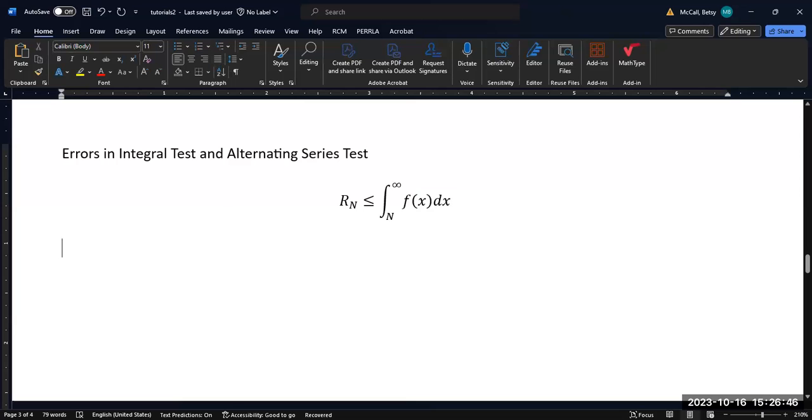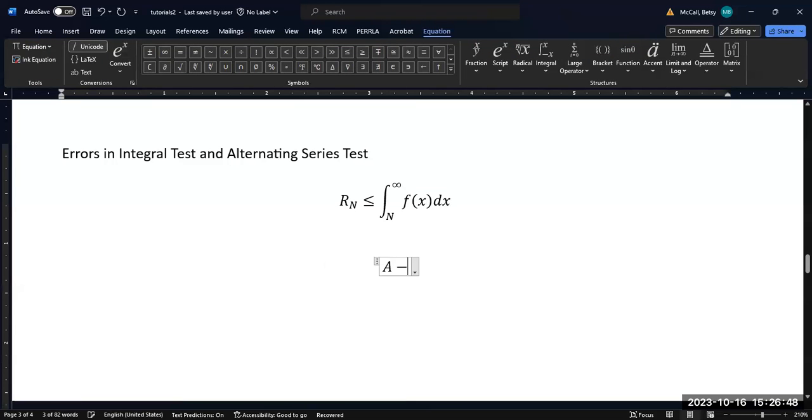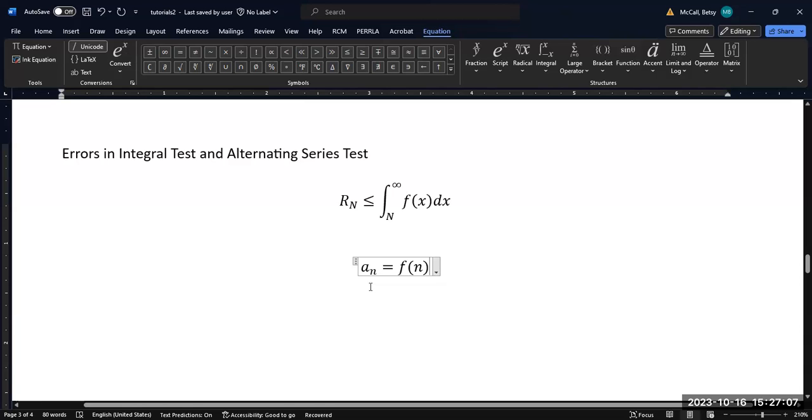So, for instance, if our series is a sub n in terms of f of n, then we would use that explicit function for the sequence of terms as the function that we're integrating. This assumes that we're calculating the first capital N terms of that sequence, and then we want to know what the error is. So we're using the integral test to estimate this in the tail.